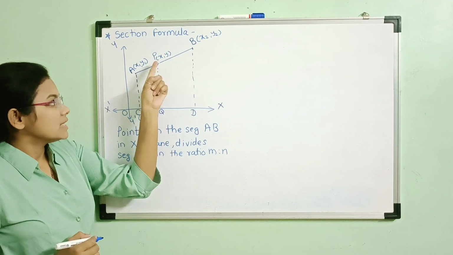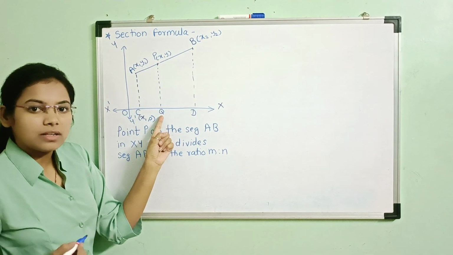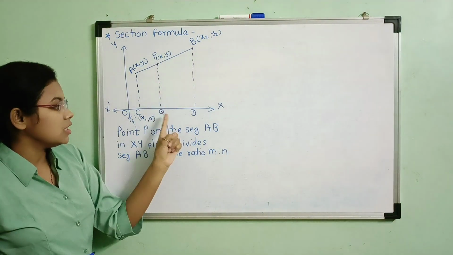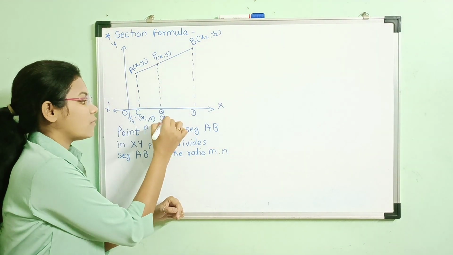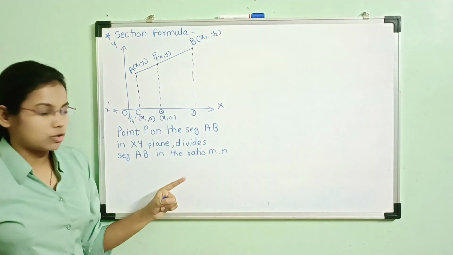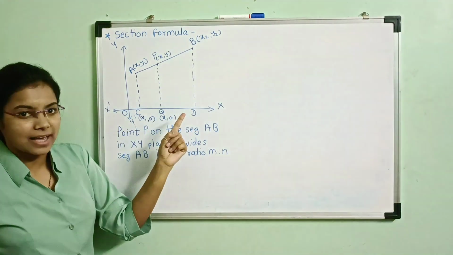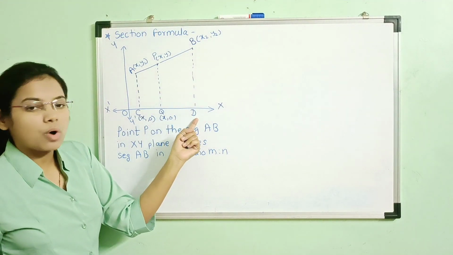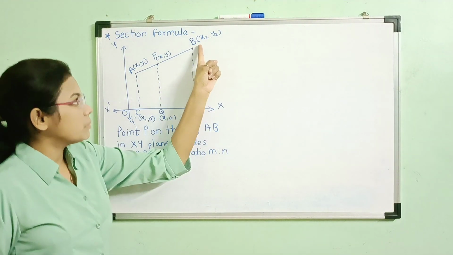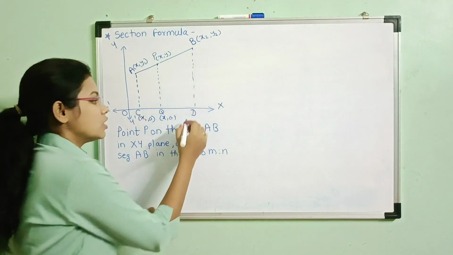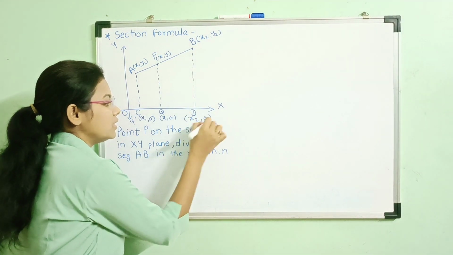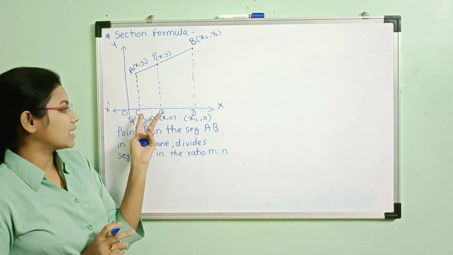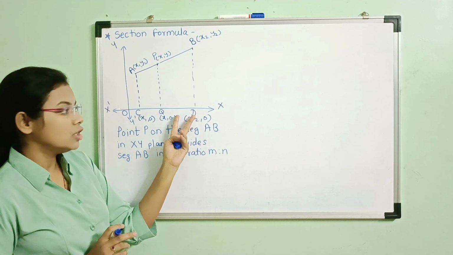Now similarly, what will be the coordinates of Q? We are dropping a perpendicular from the point P, so the coordinates of Q will be x comma 0, because this is a point on the x-axis, so the y coordinate will automatically be 0. Then what will be the coordinates of D? We are dropping a perpendicular from the point B, so the coordinates of D will be x2 comma 0. Now we are going to find the exact distances of CQ and QD.